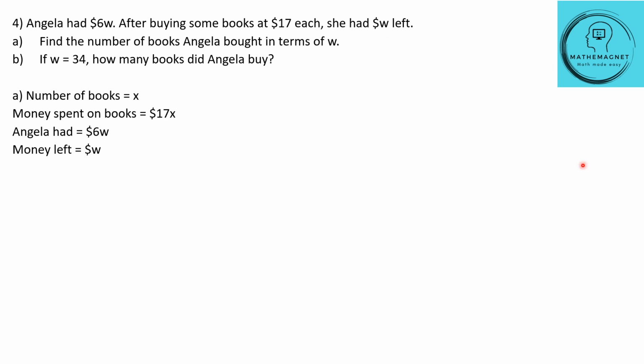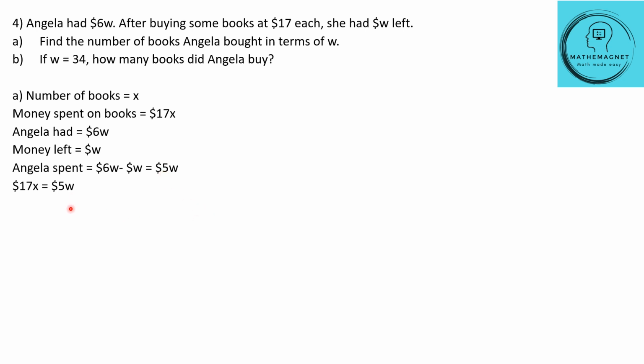So to find out the money that she has spent, we will have to simply subtract 6 minus W, which will be equal to $5W. So from this we can gather the information that the money she spent on books is equal to the money she has spent here. So we can form an equation as 17x equal to 5W.